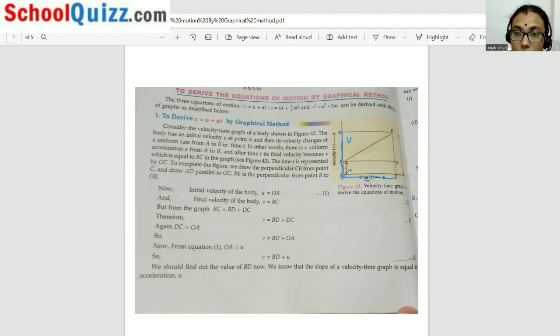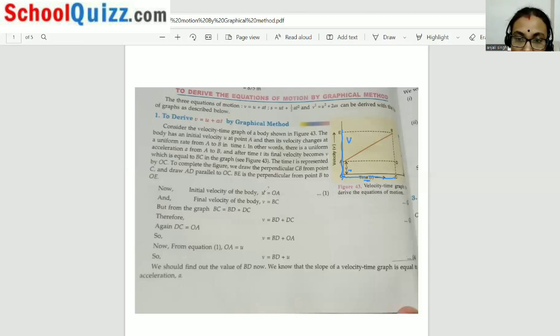So an object started with initial velocity U, from O to A, and covers some distance, and the last is the final velocity that will be V, and that is from O to E. Clear? And from O to C that will be the time t. Clear? That is only written in this whole para.